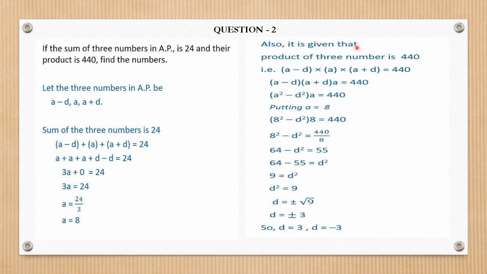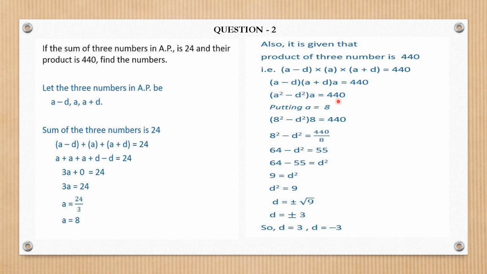Okay. Also it is given that the product of 3 numbers is 440. So the product is a minus d into a plus d into a is 440. So I get a square minus d square times a. Okay, a plus b into a minus b.